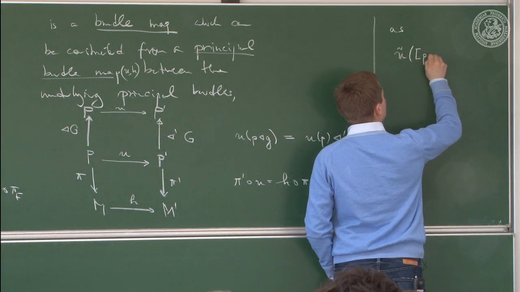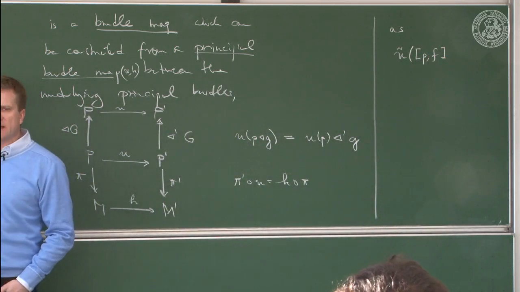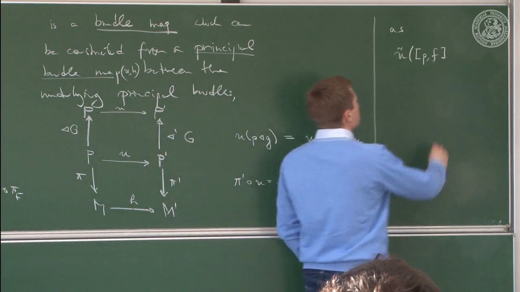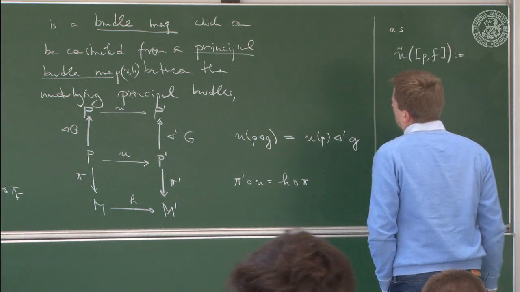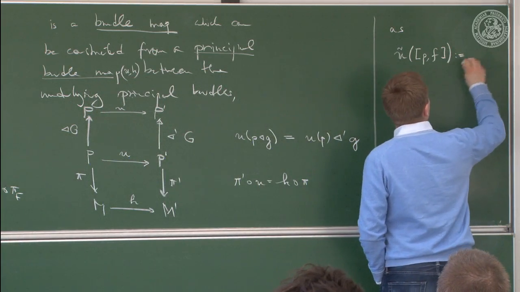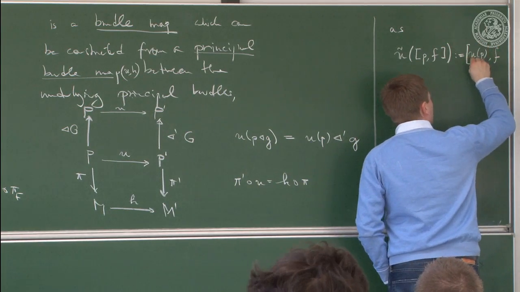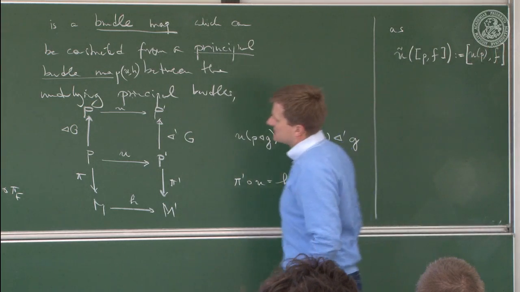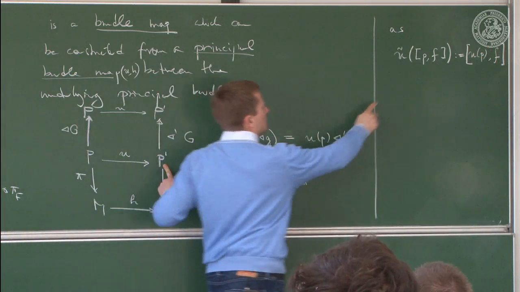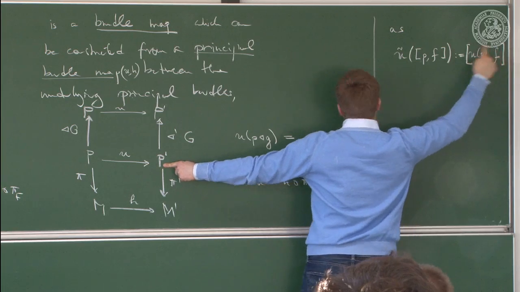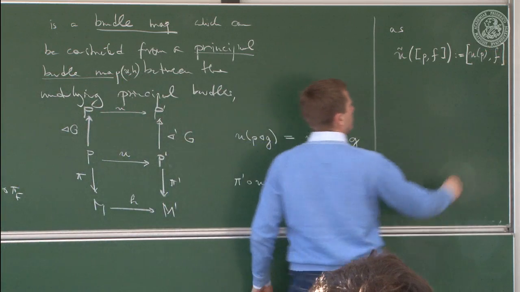It takes an element in P and an element in F, but we take the equivalence relation so that the result lies in P_F. We need to be able to construct this U twiddle, if it is to be an associated bundle map, as U of P comma F, and then the equivalence bracket. So we use this U to take the P element to an element in P prime, and then this is the equivalence relation that defines this one here. We lie over there. Full stop.